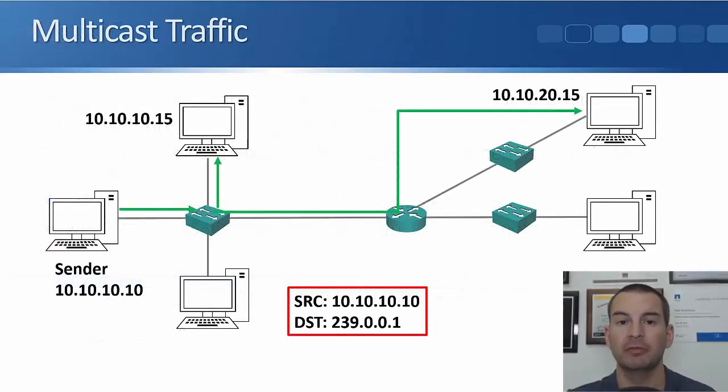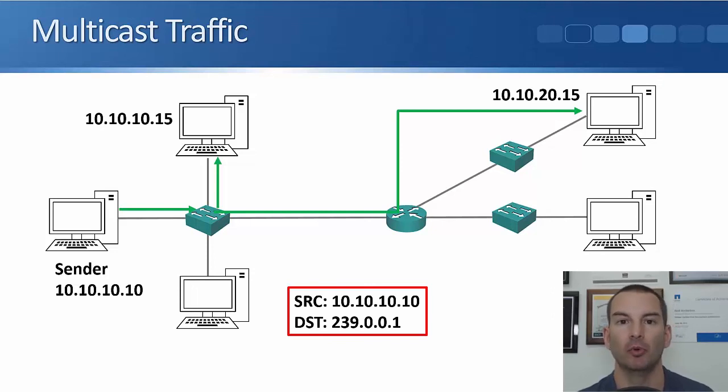Actually, while we're talking about broadcast traffic, let's just go back to the previous slide for a minute, and I'll explain further about why multicast is different and can be more efficient than broadcast traffic. Notice in the example here, on the local subnet, the hosts that are attached to the switch, it only went to the top host at 10.10.10.15. The traffic did not get sent down to the host below that at the bottom. If this was broadcast traffic, it would be sent to all hosts on that subnet, not just the ones that wanted it.